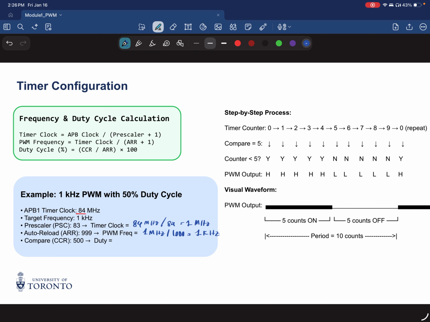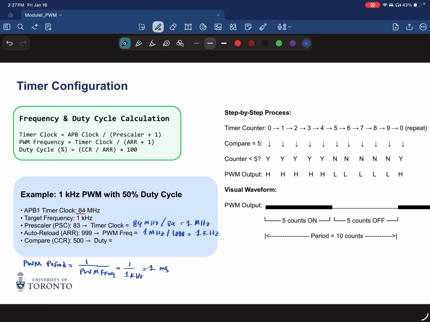And we know that the period of this PWM is 1 over the PWM frequency, or it's defined in time, basically. It's going to be 1 over 1 kilohertz, which is 1 millisecond.